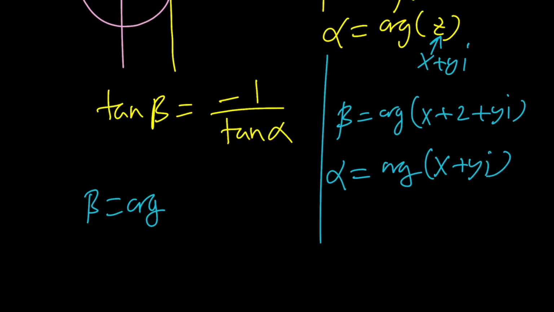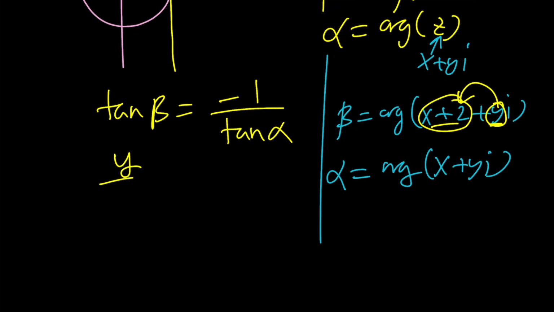And from here, I'm going to write the tangents. Ready, set, go. All right, so now, how do you find the tangent of this number, or in other words, tangent beta? It is the imaginary part divided by the real part. So it's going to be y over x + 2. Awesome. What about this?